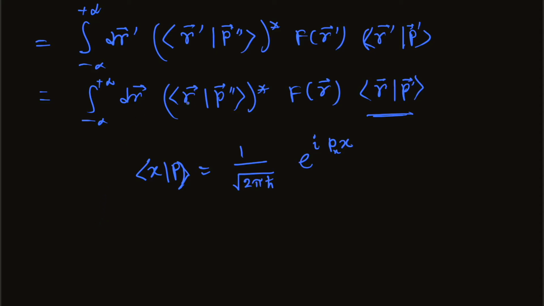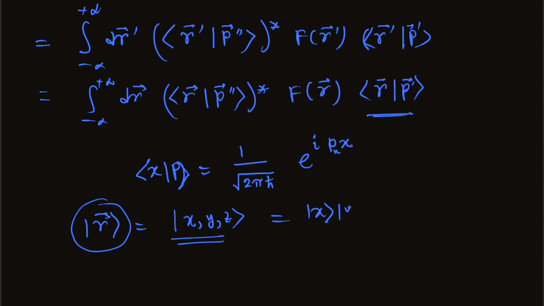Now this r vector can also be represented by x, y, z, where x is the x value of the position, y value of the position, z value of the position, and these k's can be written as x, y, and z components. Similarly, p can be written as px, py and pz.